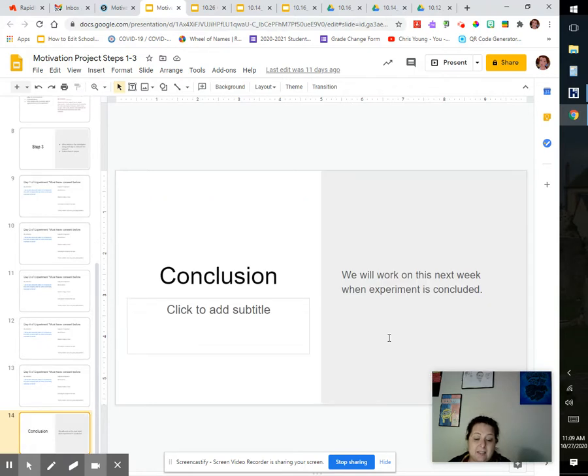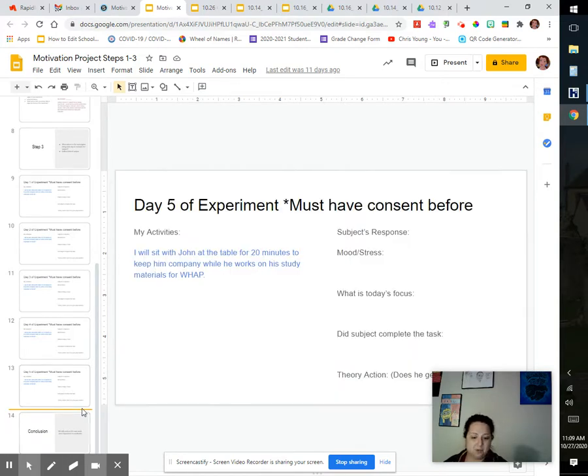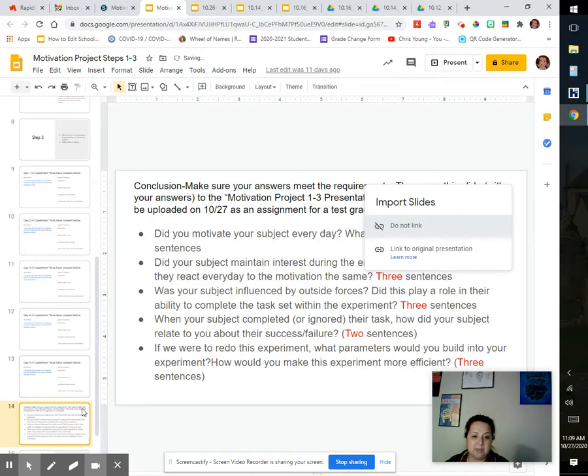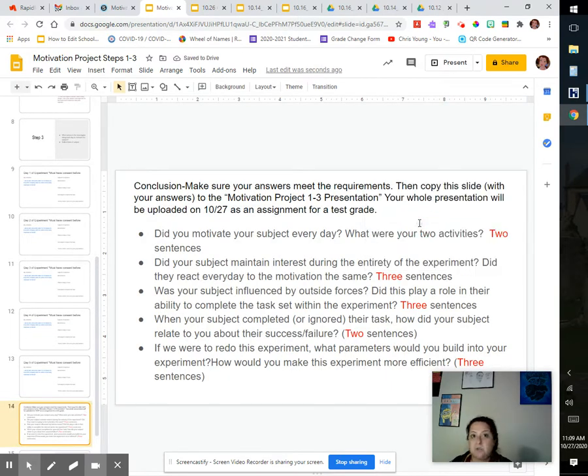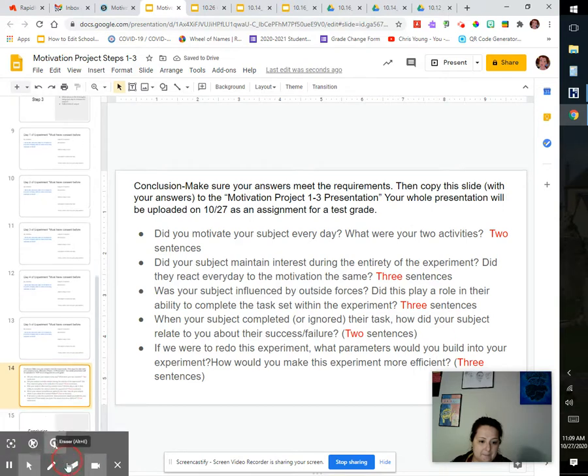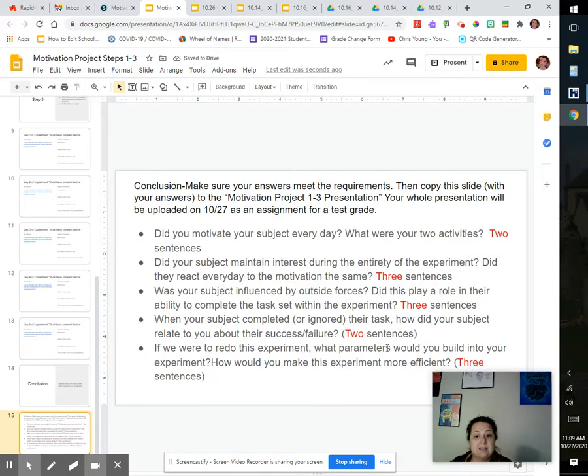Then finally, the conclusion, and that's the slide that we are going to add, and I can't get underneath the slide because I am recording this. So I am going to hit paste. I do not want it to link. And then I'm going to move it down there so that when I get my conclusion, then this slide, which should already have all of my answers, is going to wrap everything up nice and pretty.